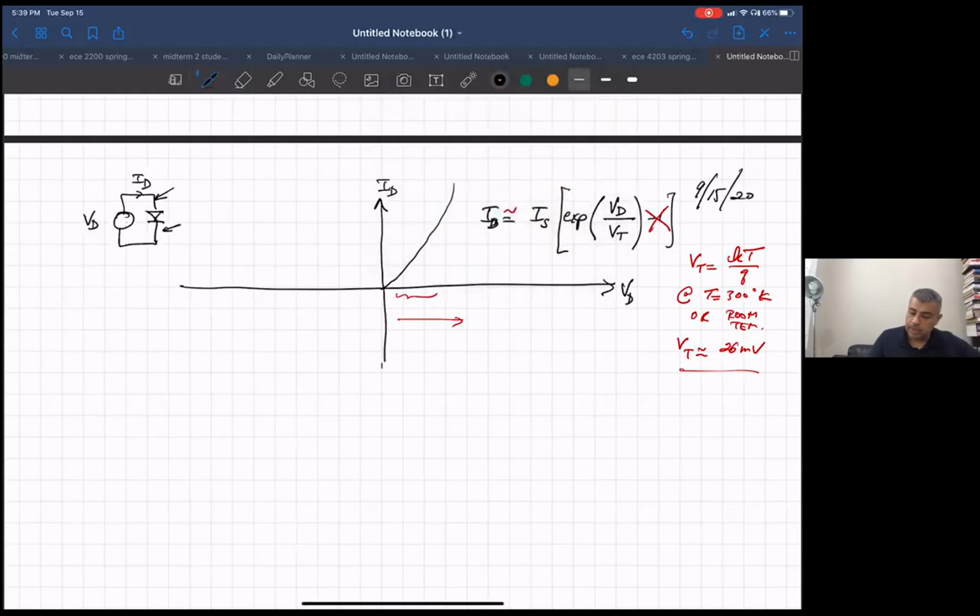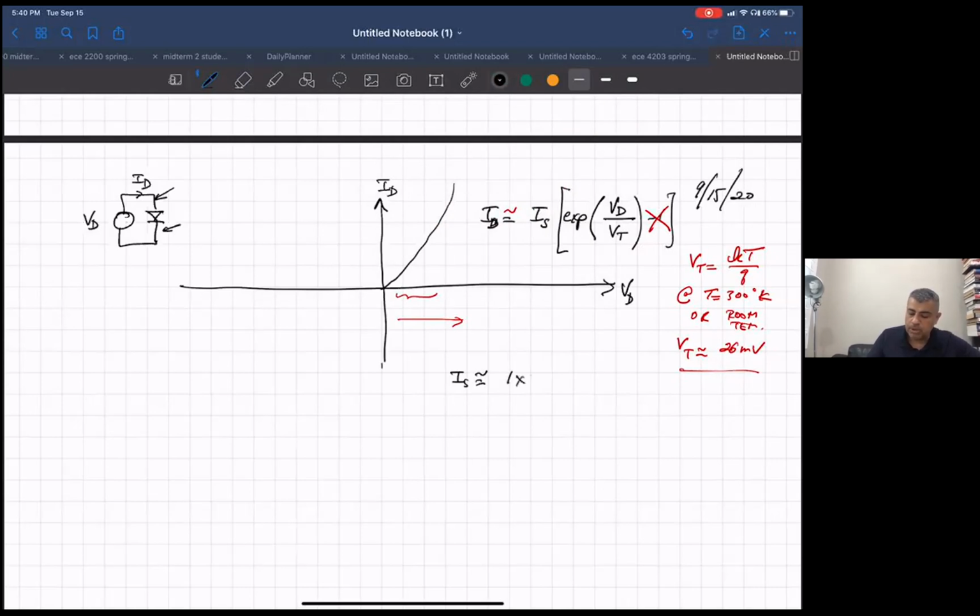By the way, I sub S is diode dependent. It depends on the doping concentrations and so on, but it'll be given to you either in a spec sheet for a real diode, or in this class, in the problem.